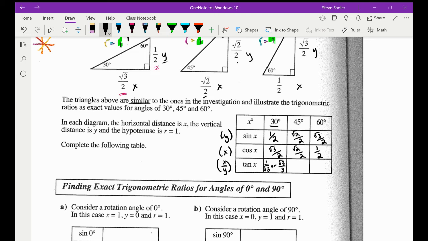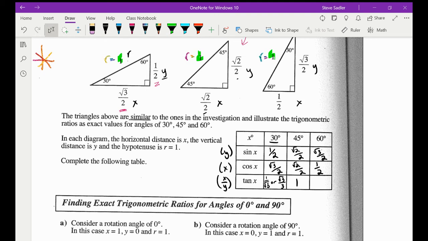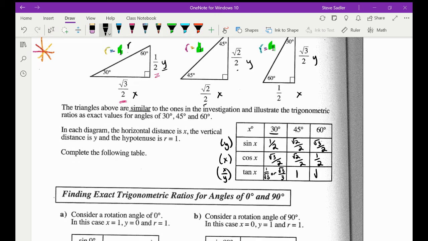Root 2 over 2, root 2 over 2. So if we divide that, we get 1. And tan of 60 is going to be root 3 over 2 divided by 1 over 2, and that ends up just giving us root 3.